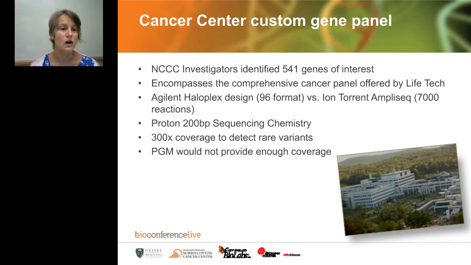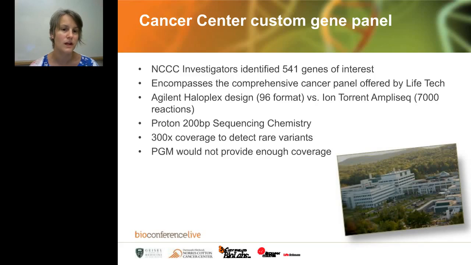The 2 options that we really had available to us when we set this up, over a year ago now, were to use the Agilent Haloplex panel, or the Ion Torrent AmpliSeq chemistry. However, with that chemistry, we were committed to purchasing 7,000 reactions, and for a small core facility, that was a little too many reactions to justify the upfront cost.